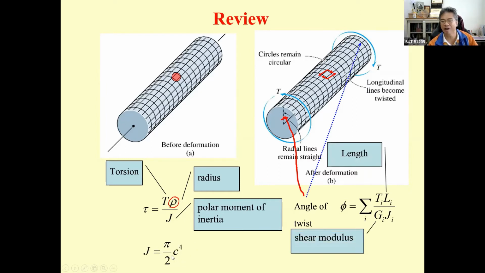The polar moment of inertia for the solid section and the polar moment of inertia for the hollow section, where C is going to be the radius. This is going to be R sub O. This is going to be R sub I. I prefer to use R because R is the radius.